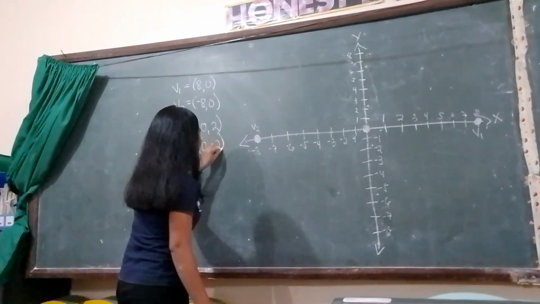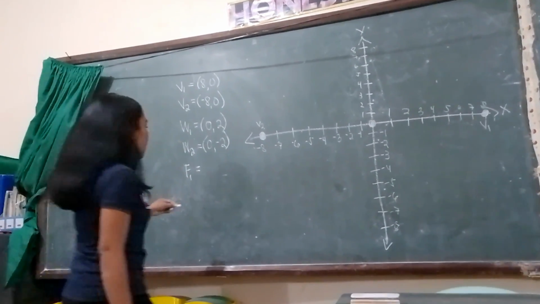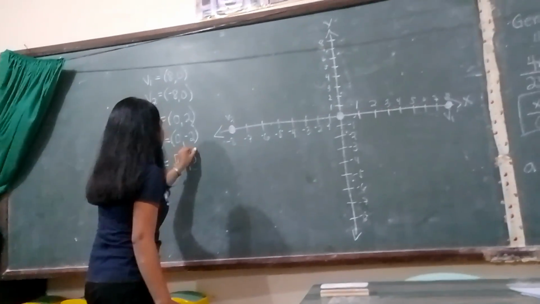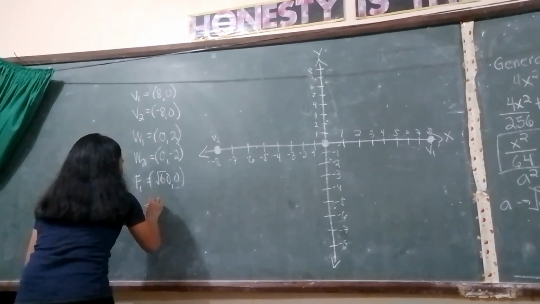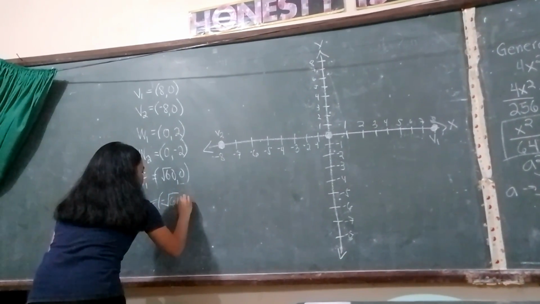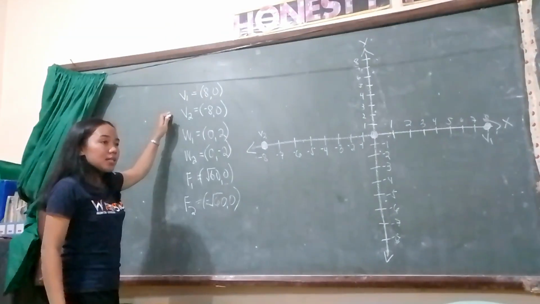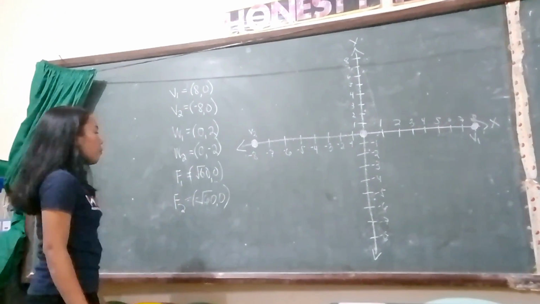And for our foci, we have the square root of 60 and 0, and negative square root of 60 and 0. Okay, so that you can easily see our coordinates or points.